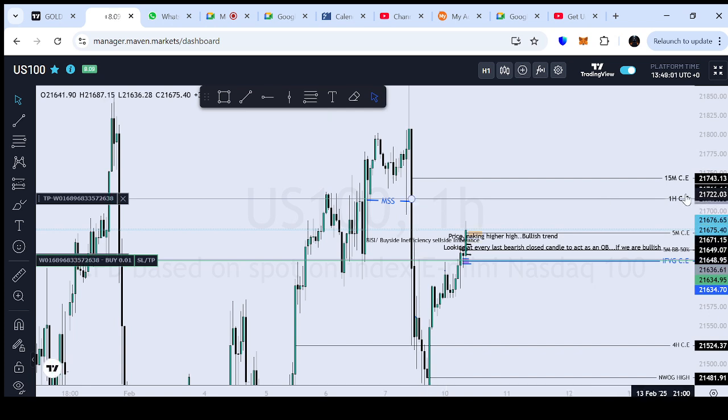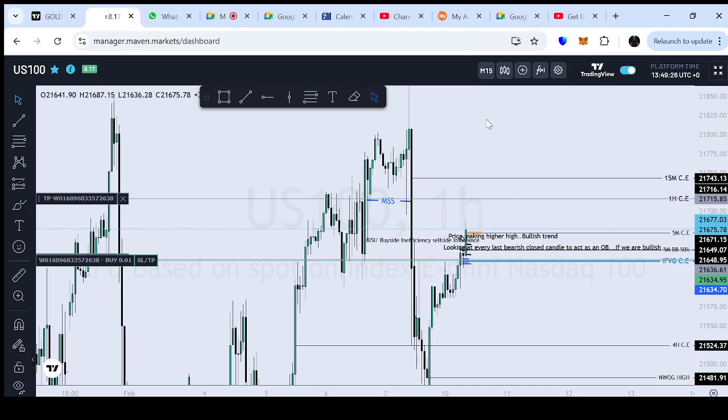The half of it is the 1 hour consequent encroachment, the 50%. So we like to see price deliver inside there at the consequent encroachment going into 9:30 opening price. It's 8:49 now. We like to see a run up to deliver inside this 1 hour consequent encroachment.